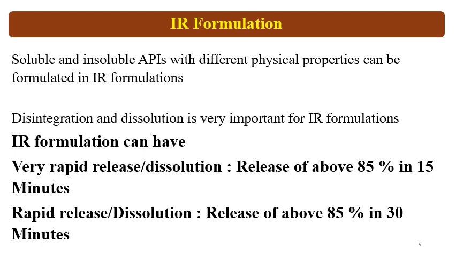If the release is above 85% or above 80%, or for example 100%, within 15 minutes, then it is called very rapid dissolution. And if it is in 30 minutes, then it is known as rapid dissolution.